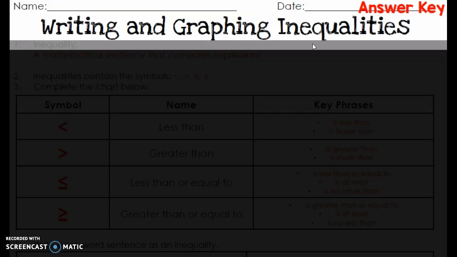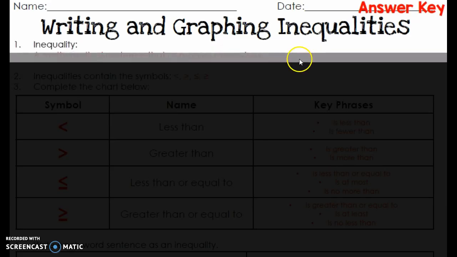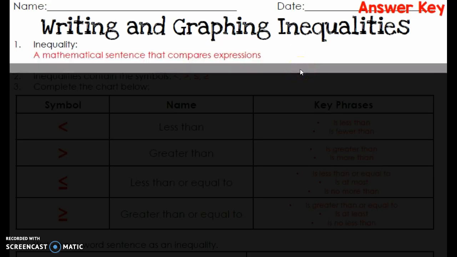Today we started talking about inequalities, and I want you to notice very clearly the word inequality has the word equal in it. But because it says unequal, it means these are equations or expressions that are not equal to each other. So let's talk about what an inequality is. Number one, it says an inequality is a mathematical sentence.